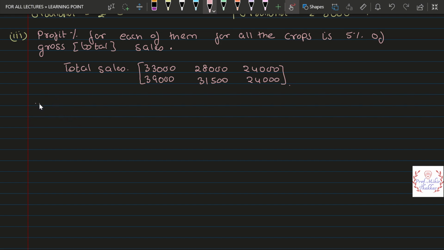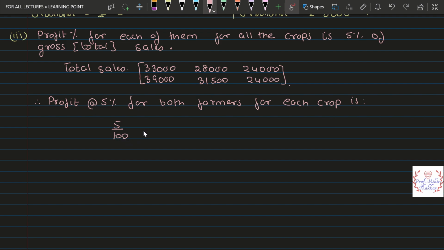So now I can say therefore, profit at the rate of 5% for both farmers for each crop is 5 upon 100 multiplied by 33,000, 28,000, 24,000, 39,000, 31,500 and 24,000.